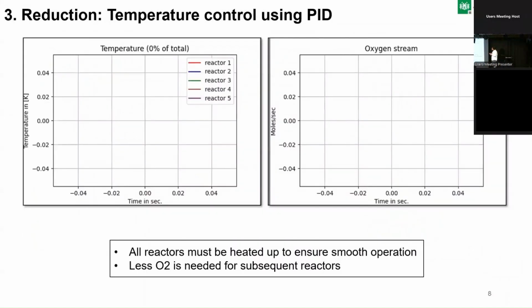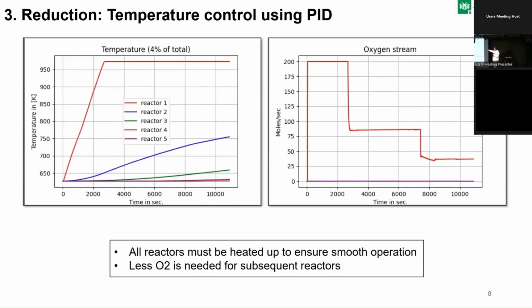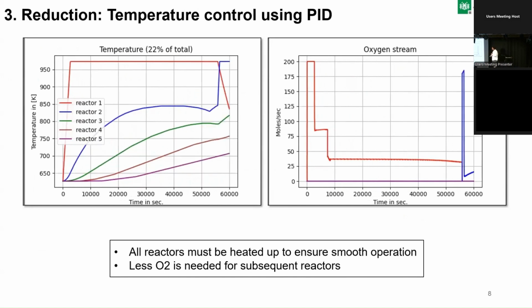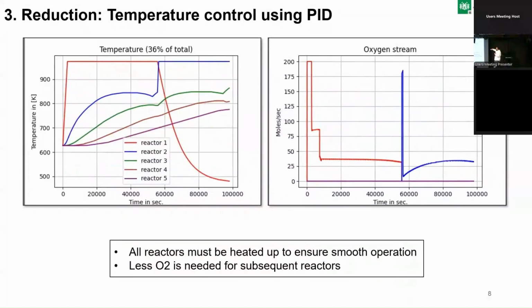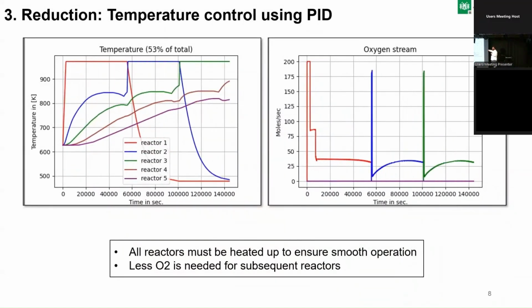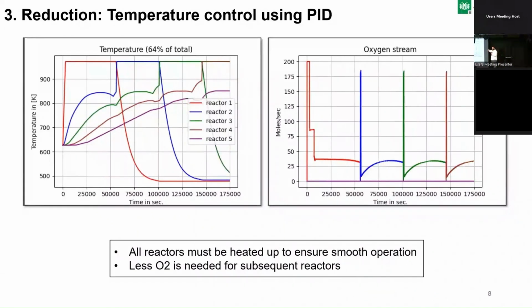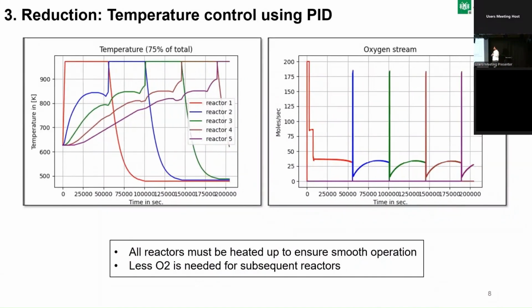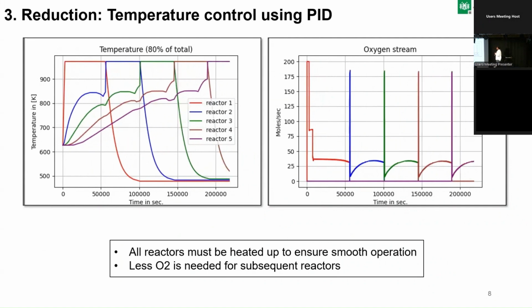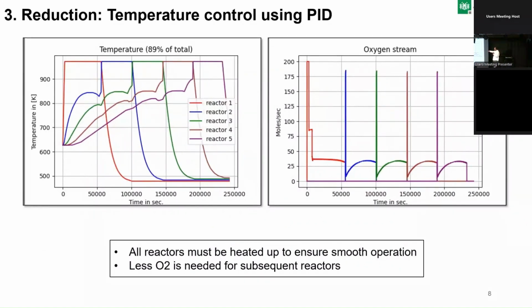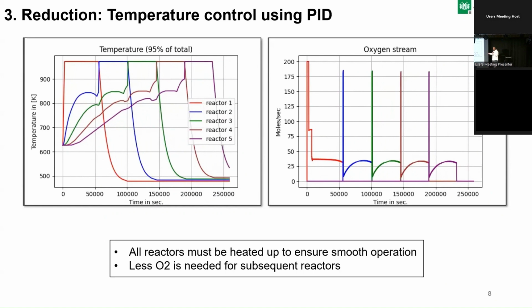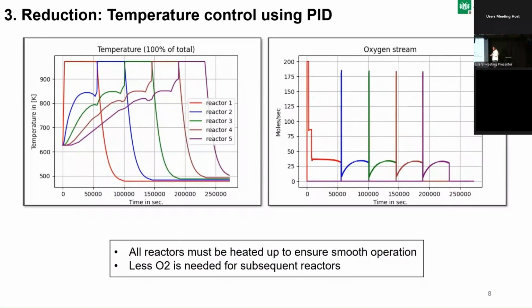So if we analyze, for example, only the temperature and the oxygen needed, we can now see individually how much oxygen per time step each reactor needs in order to achieve the desired temperature. And as can be seen here, for the reduction process, all the reactors have to be heated in order to conduct the reaction.